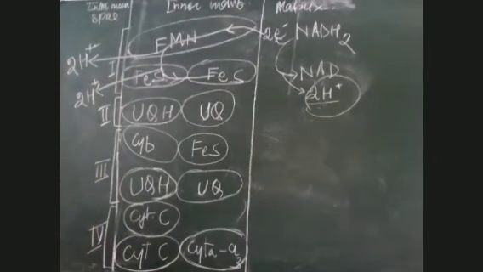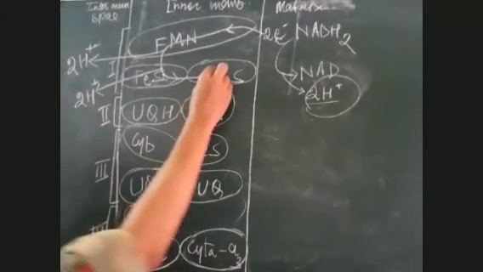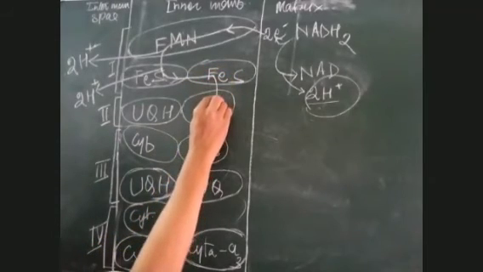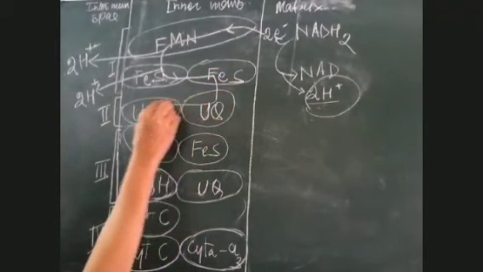Now we have 2 protons in the intermembrane space, and the electron is still traveling in the inner membrane along all the complexes and through all the electron acceptors. Now from FeS, it travels to the next one, which is ubiquinone, then ubiquinone hydroxide.